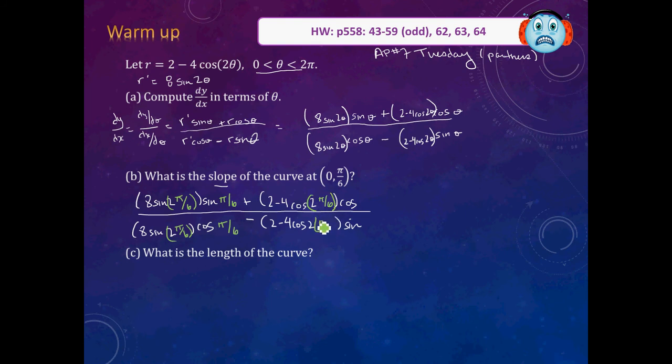And notice pi over 6 is one of your special angles. When I'm done doing all this math, I get 1 over root 3.